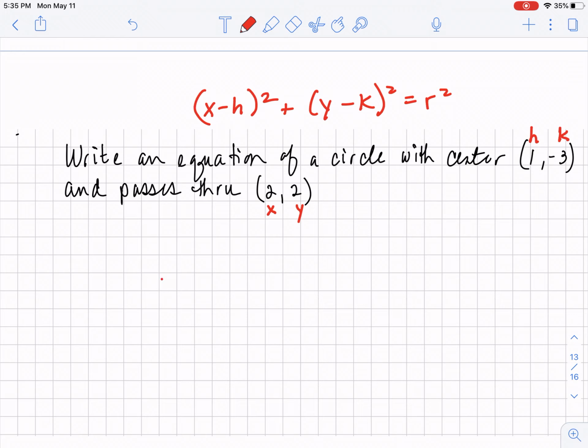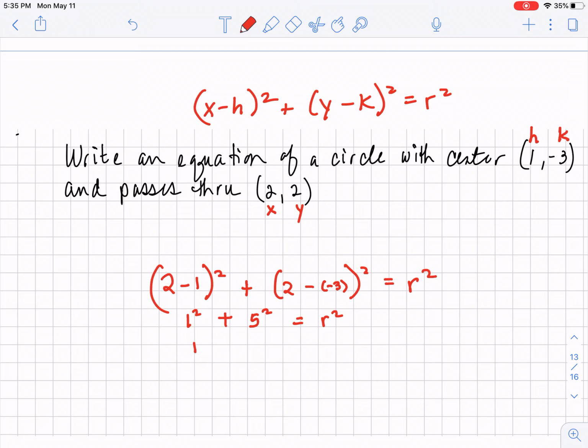So I'm going to get 2 minus 1 squared plus 2 minus a negative 3 squared is equal to, and I don't know what the radius is, so you got to figure that out. So let's do this out. 2 minus 1 is 1 squared plus, now I've got 2 minus a negative 3, which is 2 plus 3, so I've got plus 5 squared is equal to my radius squared.